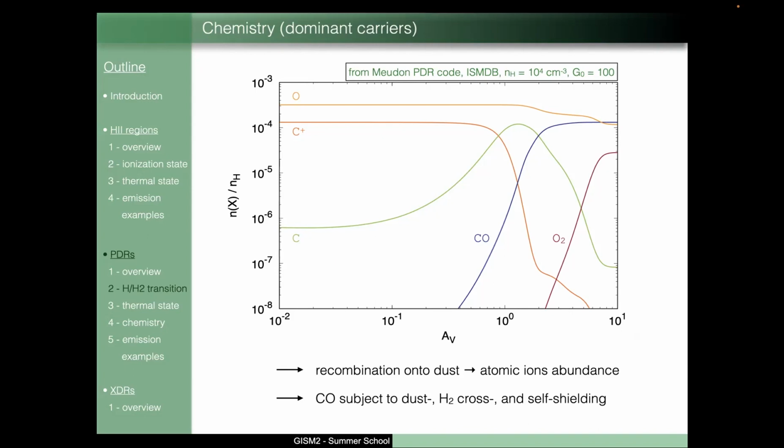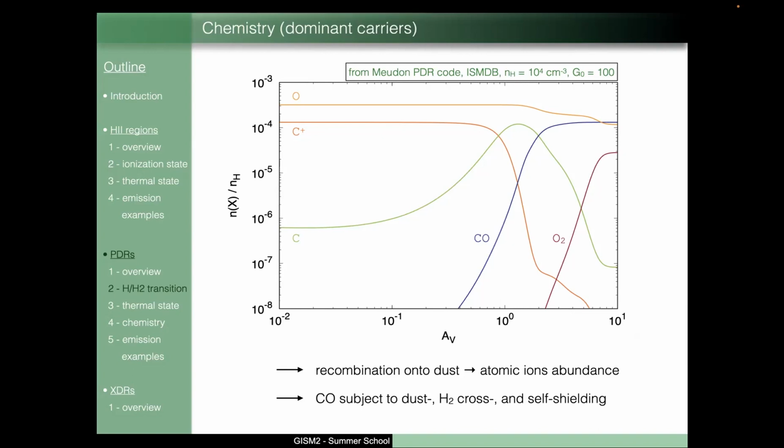But mostly this is it. So it is very easy to extract a criterion for the transition from C+ to C. However, it's much more complicated for CO. The reason is that CO chemistry is controlled by photodissociation, but there are three effects that can matter in the photodissociation of CO. CO can be shielded by dust, CO can be self-shielded, and CO can be shielded by H2.